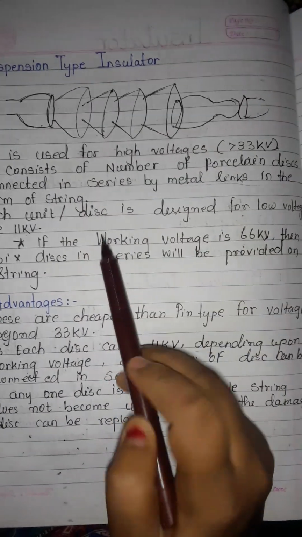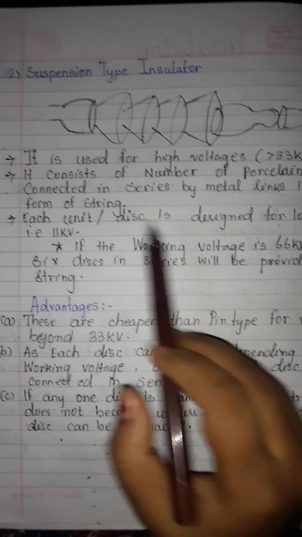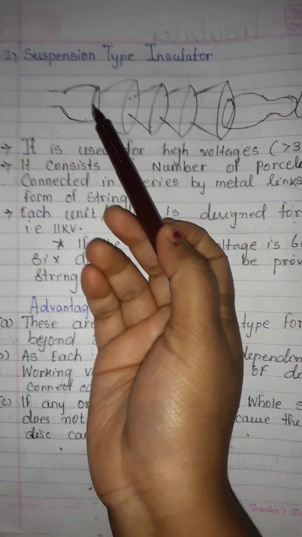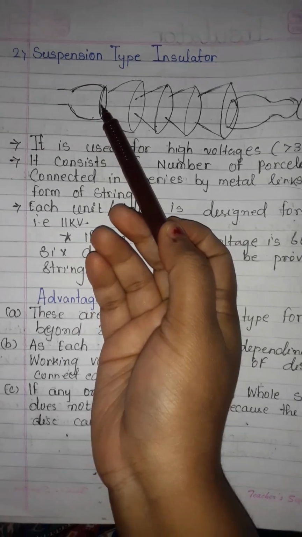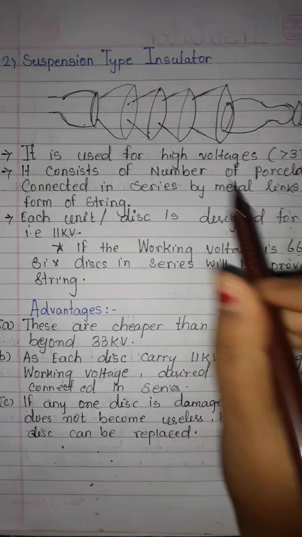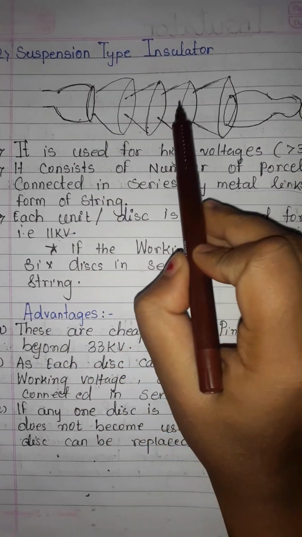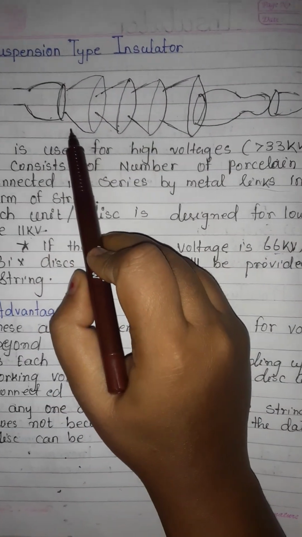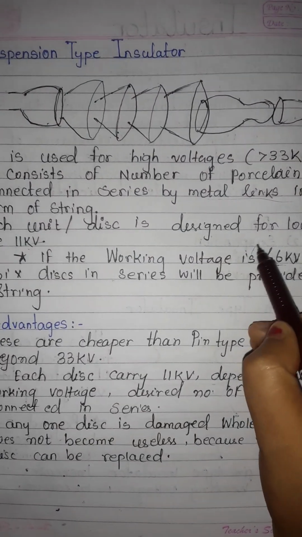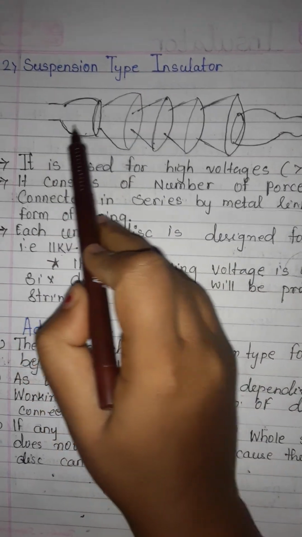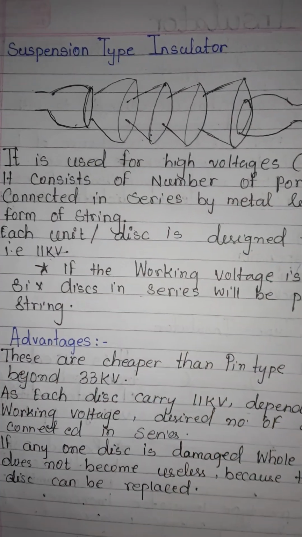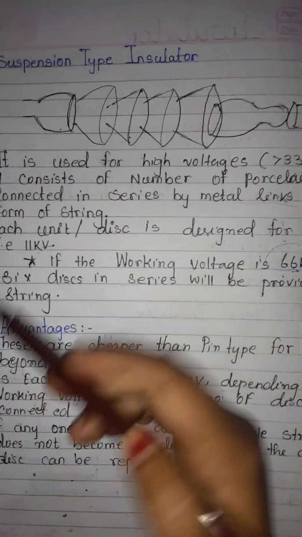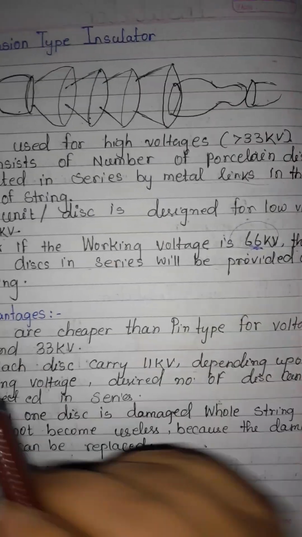So if we need a working voltage of 66 kilovolt, as each disc carries 11 kilovolt, we have to connect the discs in a series of 6, because 6 discs in series in the string will give us the 66 kilovolt.